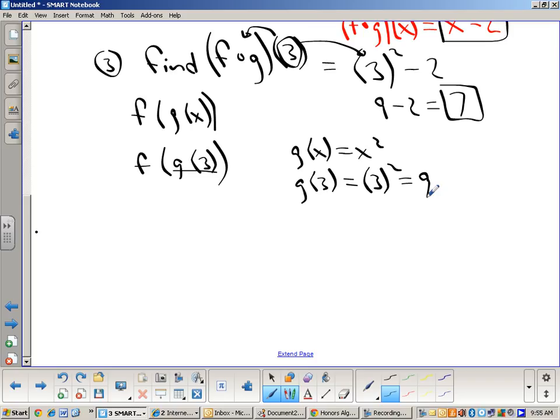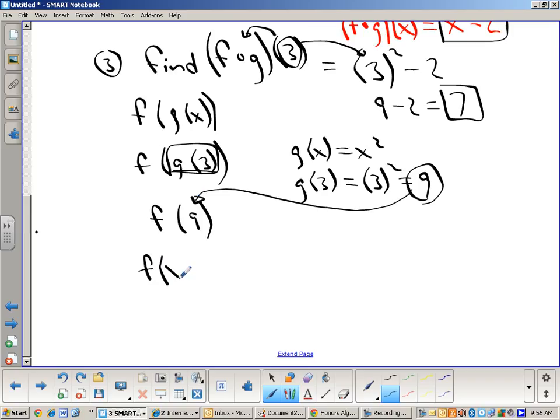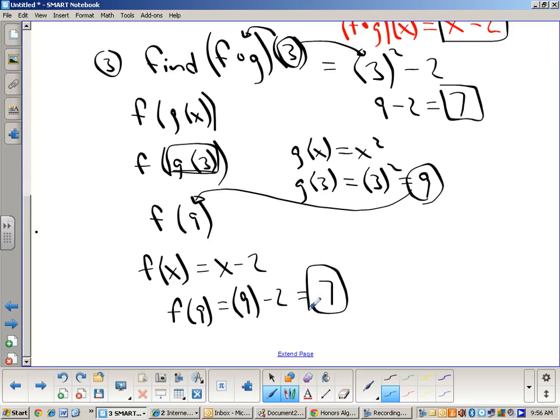We're taking this value of 9 and plugging it in here to find f of 9, because we found g of 3 to equal 9, and so that's where the 9 goes. Remember, f of x was x minus 2. So f of 9 is going to equal 9 minus 2, or 7. Okay?